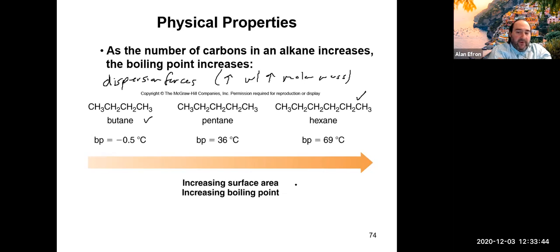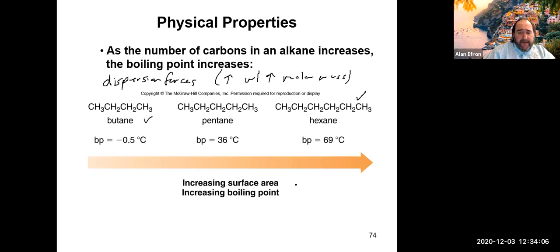So there's a greater chance of polarizability and also greater area for interactions to occur on once you get larger molar mass. So even though these all are using dispersion forces, hexane would have the higher boiling point because it's larger, with more electrons, more chances of interactions to occur.